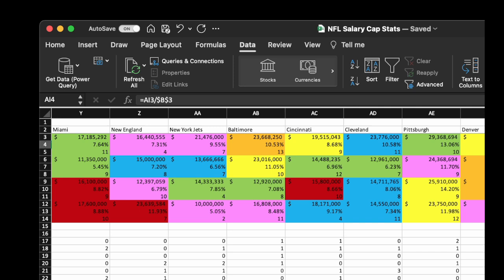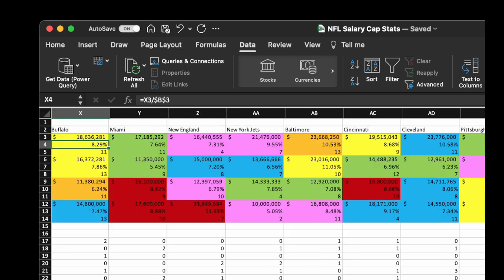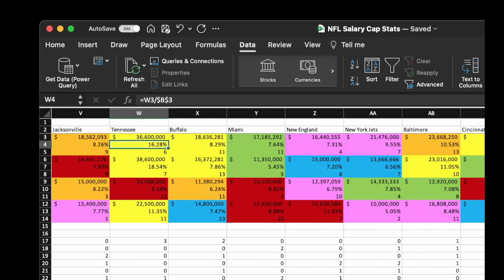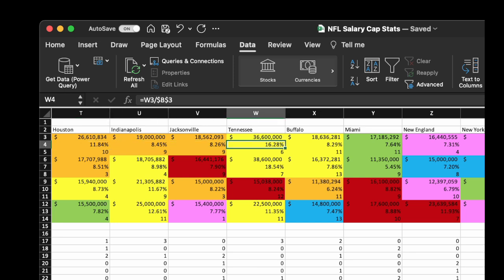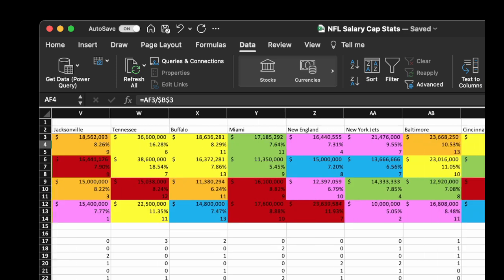Now let's look at the highest percent. So we have a 16. That was Kansas City. Is there anyone higher than 16.52? 16, that's Tennessee. But there's 16.28 versus 16.52, I think, was Kansas City.